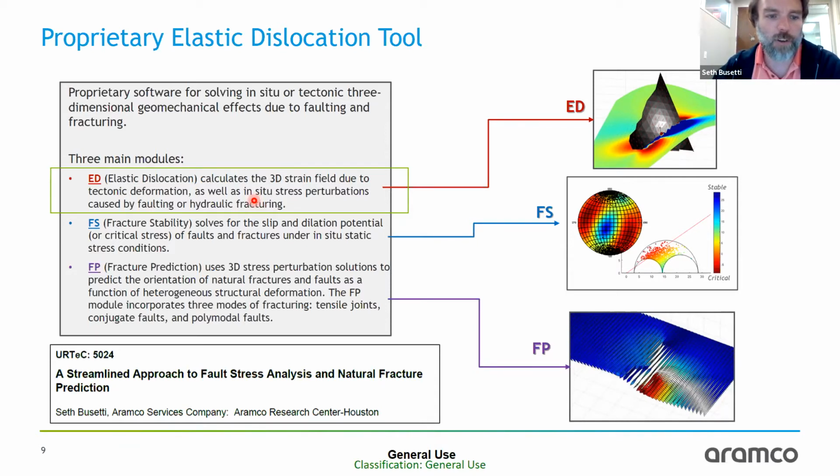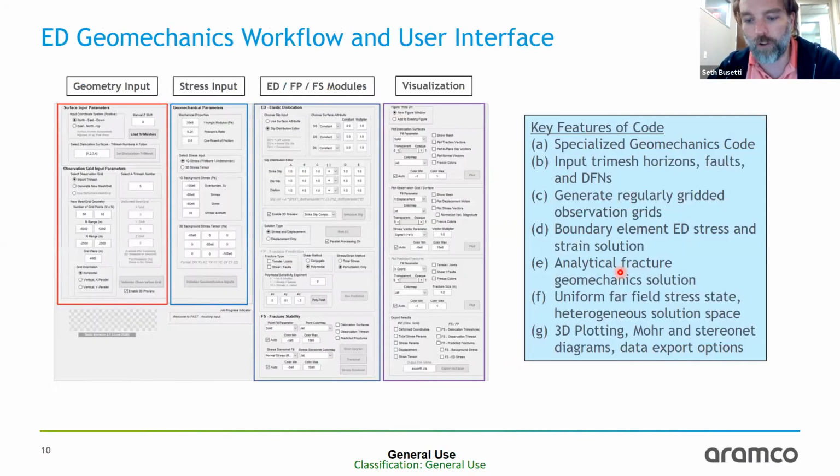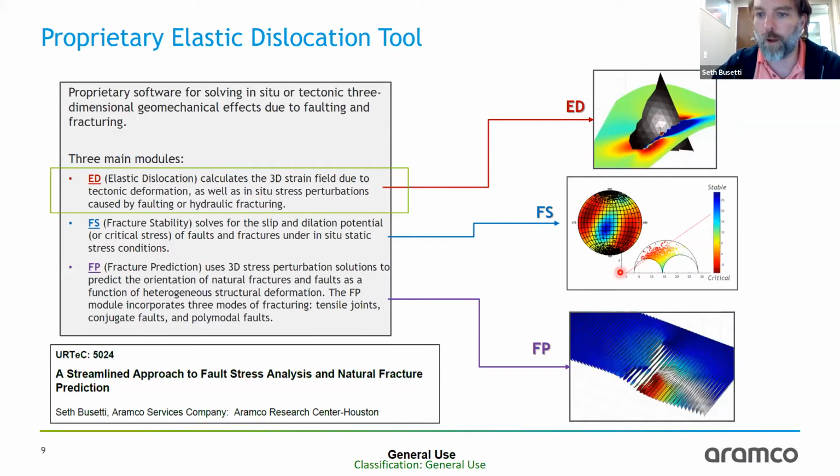The tool also allows you to do some basic Mohr-Coulomb critical stress solutions: fracture stability and dilation potential under static stress conditions. This is a really helpful tool for a lot of the problems that we're solving. So, stress stereonets: under an applied stress field, which faults do we expect to slip?